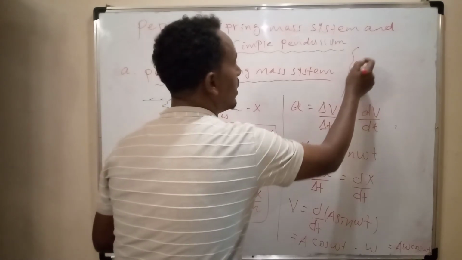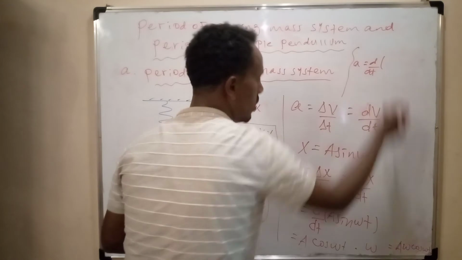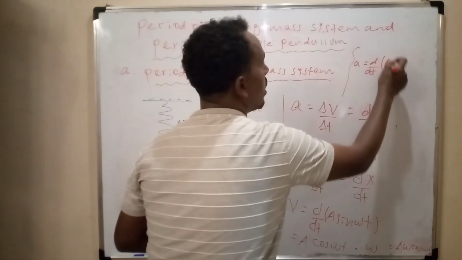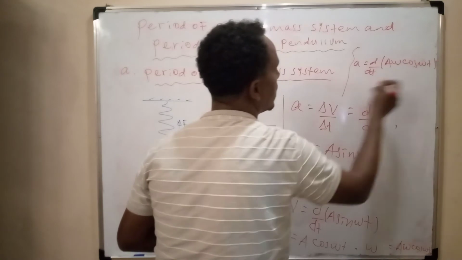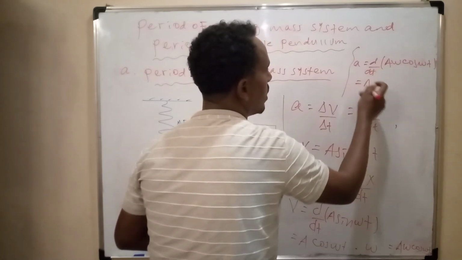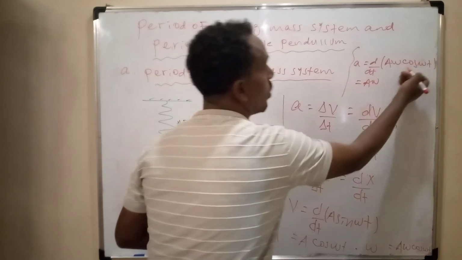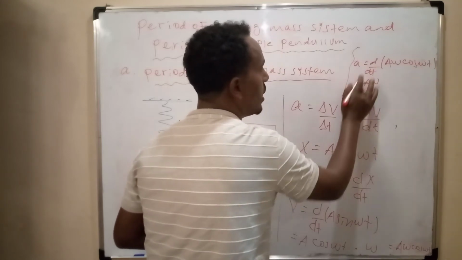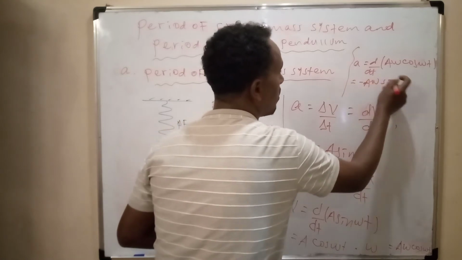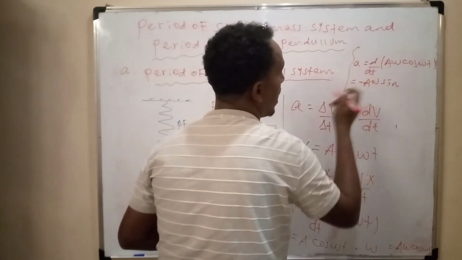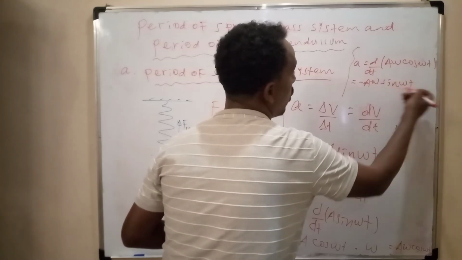Therefore, acceleration is equal to d by dt of A omega cos omega t. A is constant, omega is also constant. The derivative of cosine is minus sine. Here minus is used, times sine omega t.